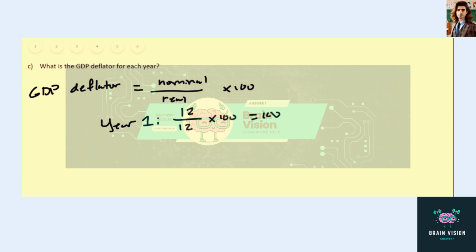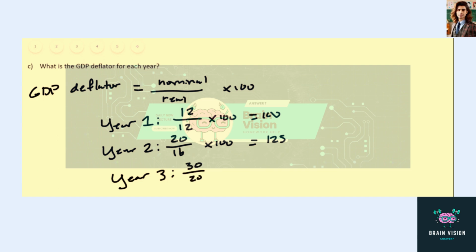The GDP deflator is always going to be 100 for the base year. The year 2 GDP deflator, we have nominal GDP, which was 20, over real GDP, which was 16, times 100, which equals 125. And year 3, we had 30 over 20 times 100, which equals 150.